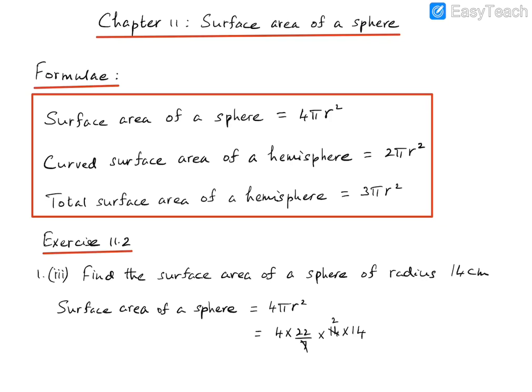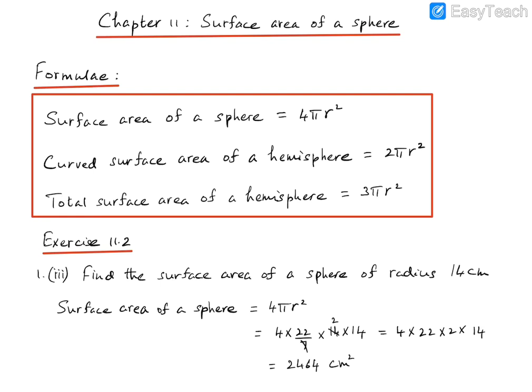So we get 4 into 22 into 2 into 14, and that gives a value of 2464. So the surface area of the sphere of radius 14 centimeters is 2464 centimeter squared.